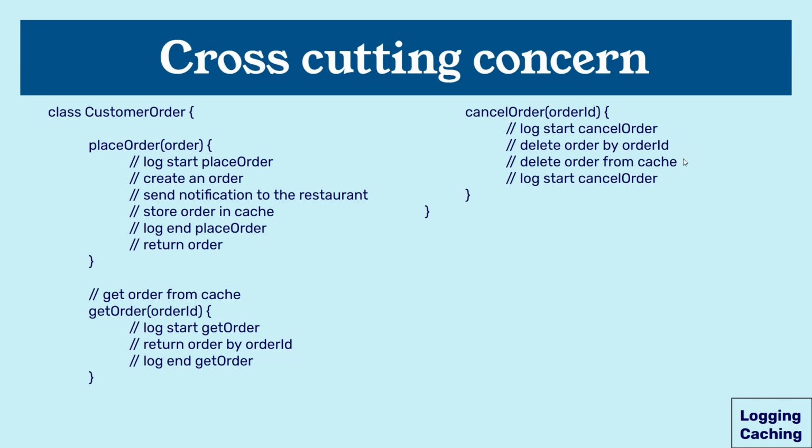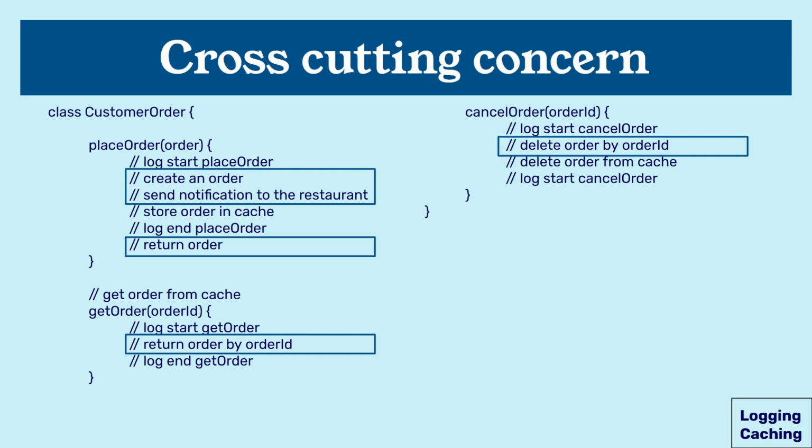So basically what's happening here is the methods are getting fatter and fatter, and the actual business logic is not as much as the non-business logic code being added. If you see here, only this part of the code is the business logic. The rest of the code is something we need, but it's not the actual business logic.